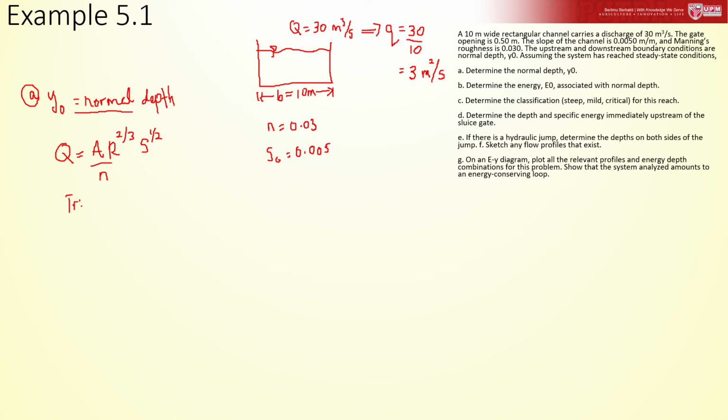You can find the answer using trial method, but the textbook also suggests that we use the goal-seek function, which you can find in Excel. I will make a special video about this goal-seek function. But at the moment, we just take the answer of normal depth from the textbook.